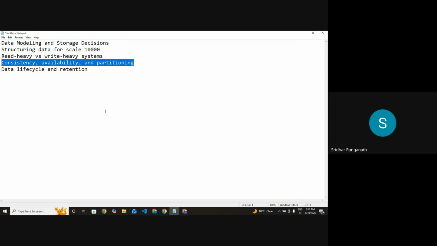It won't make him wait, and the maintenance of the database also becomes easy. Tomorrow, if one partition goes down, my application will still be running. I can still manage in the background, do the necessary updates for that partition, and then continue the work. So overall it helps my application in many ways by having consistency, availability and partitioning.